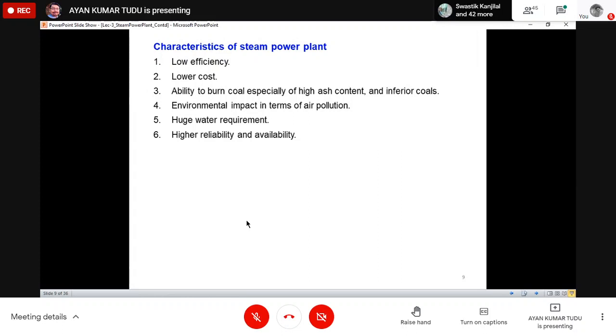Okay, so what happens is that these steam power plants are required only to supply our base load. Later we'll be talking about a curve which is known as a load curve.